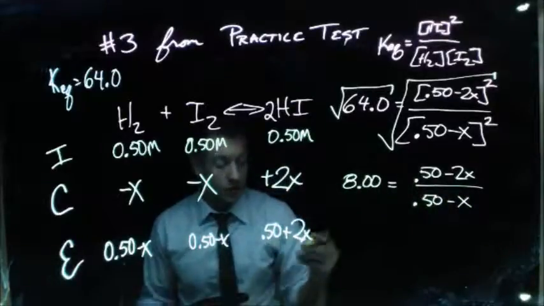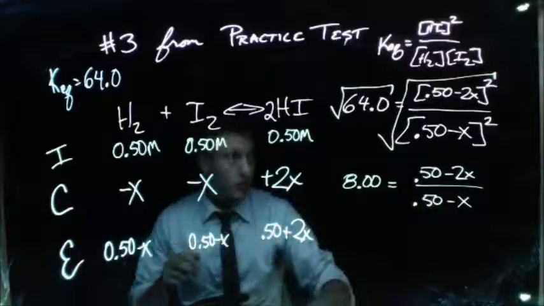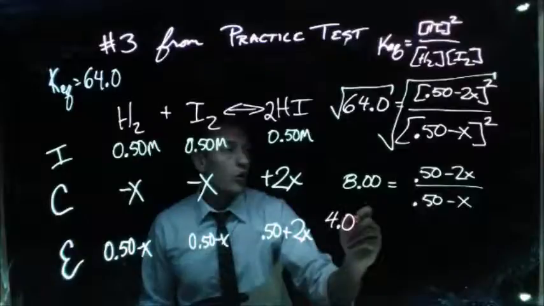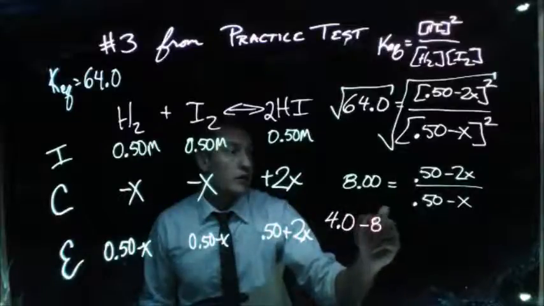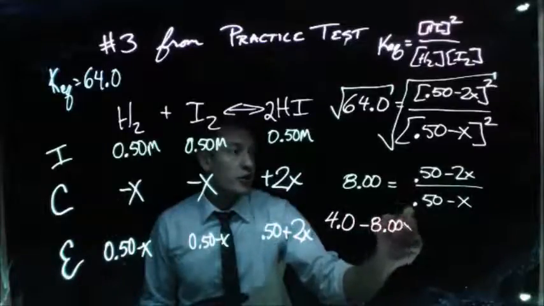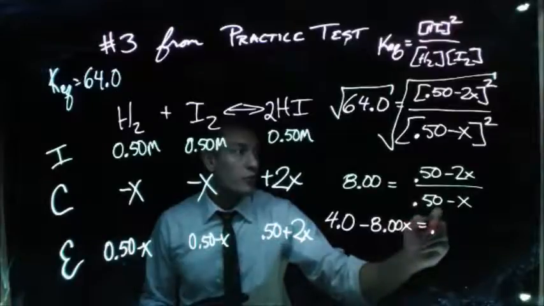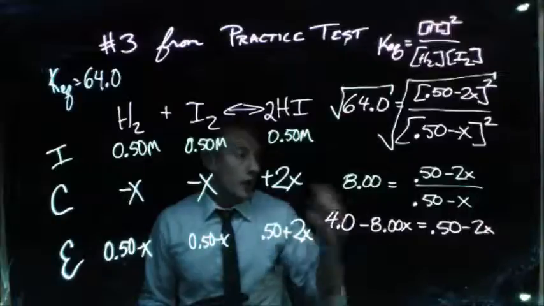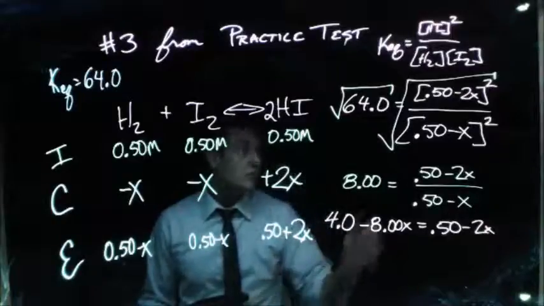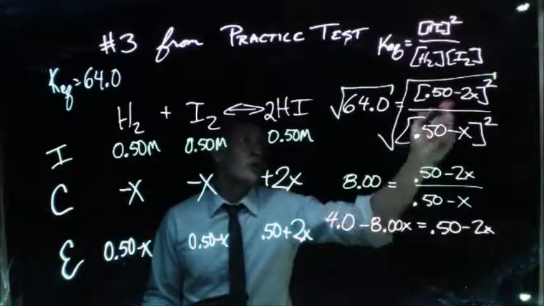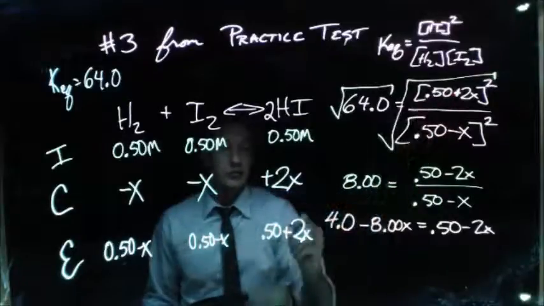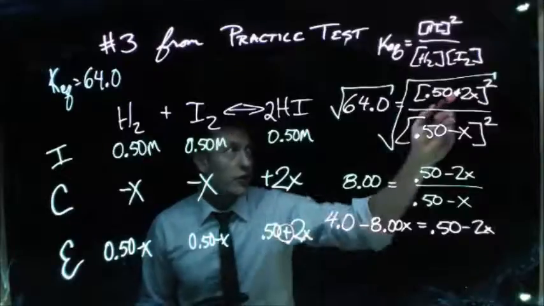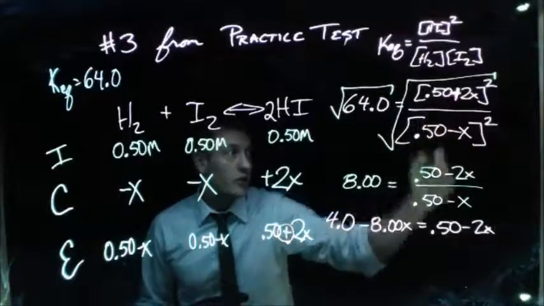Multiply that over, so we end up with 4.0 minus 8.00x equals 0.50 minus 2x. We can then, oh, what did I do wrong? This should be plus 2x, shouldn't it? Ah, at least I caught it there. So that would be plus 2x.